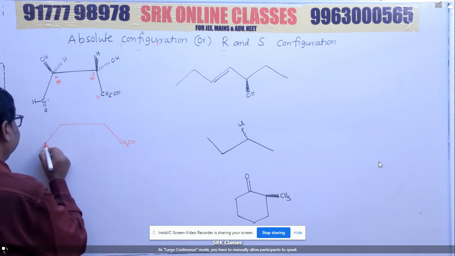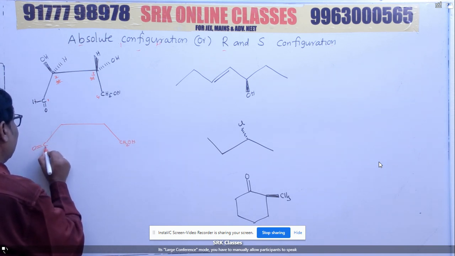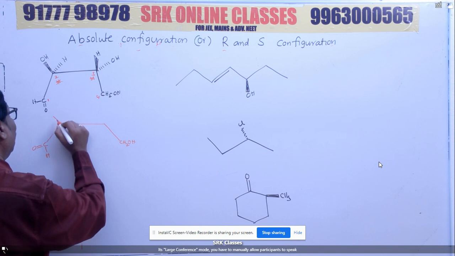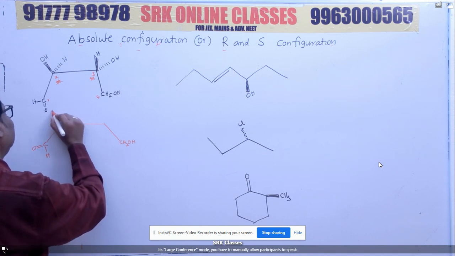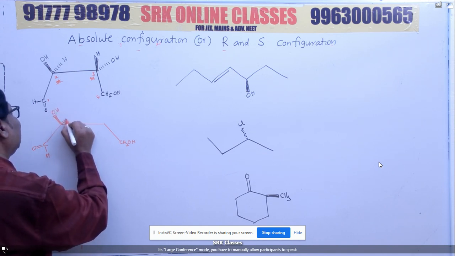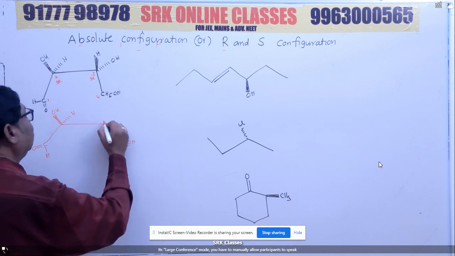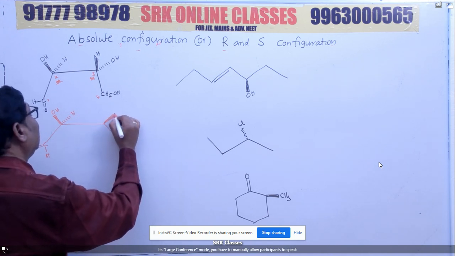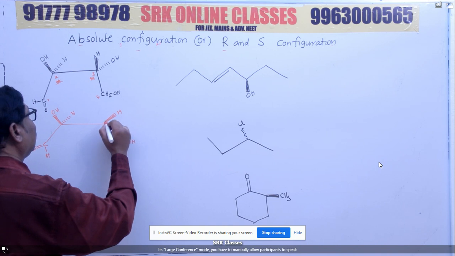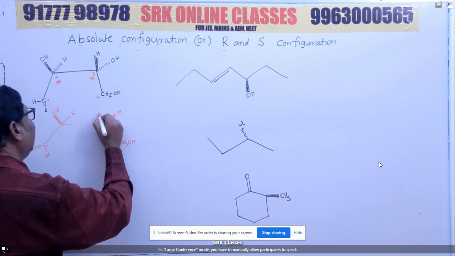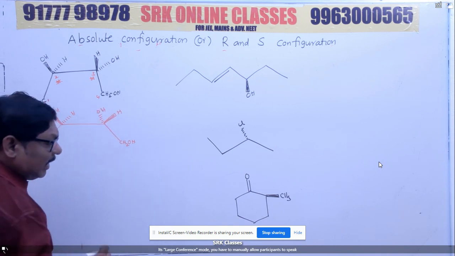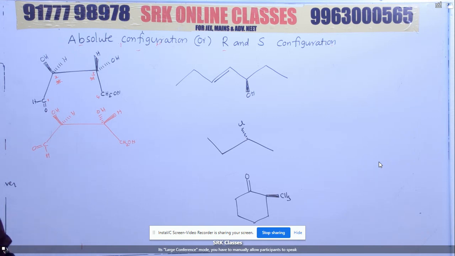CH2OH, C double bond OH, here OH in wedge formula. Dash formula will be hydrogen, and here hydrogen will be solid wedge, dash will be OH. This is the configuration I have given.